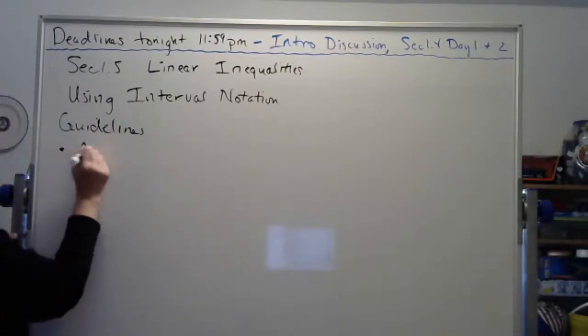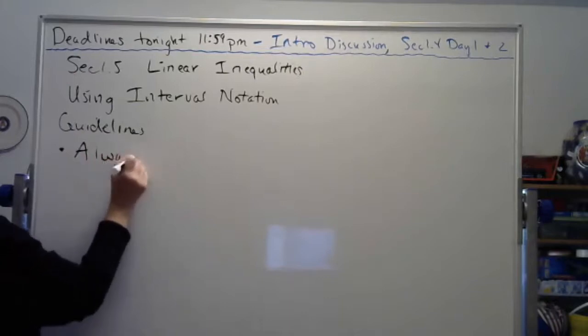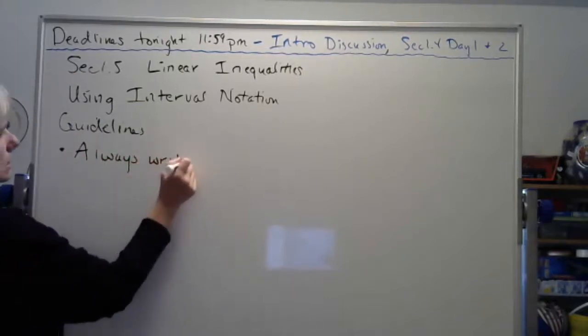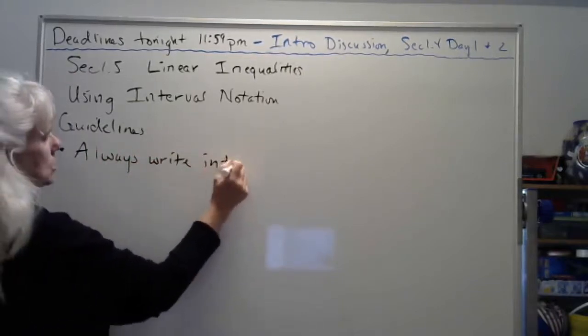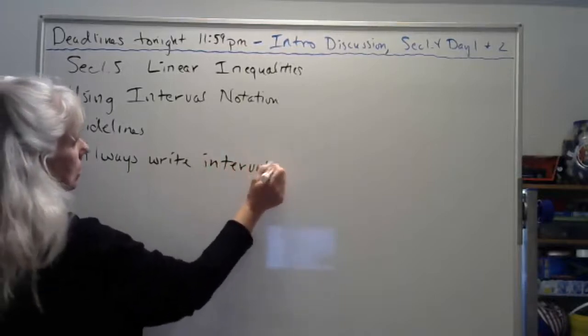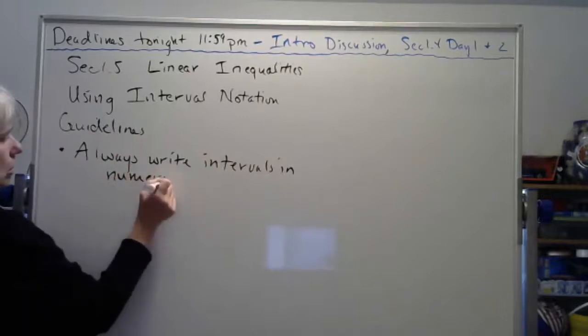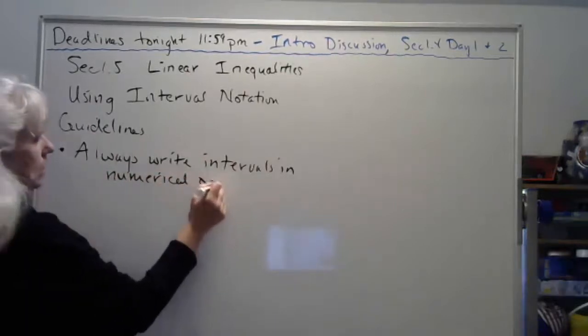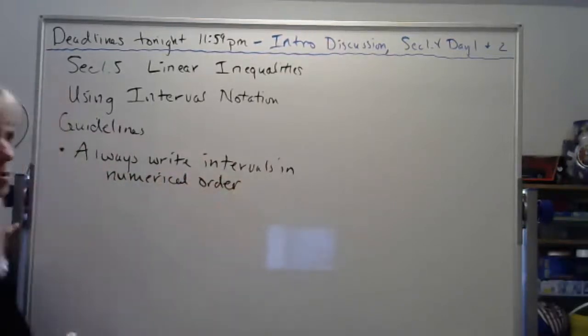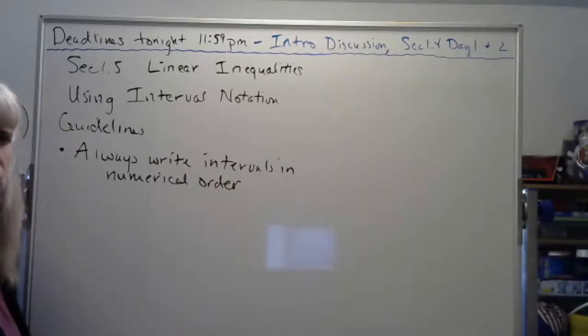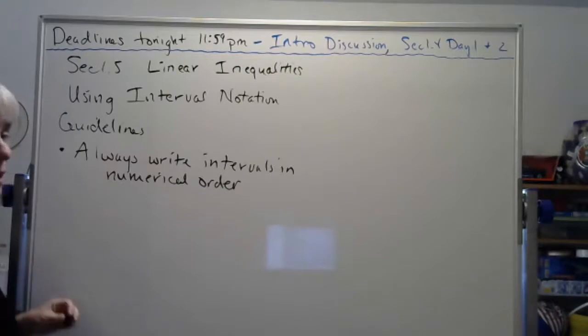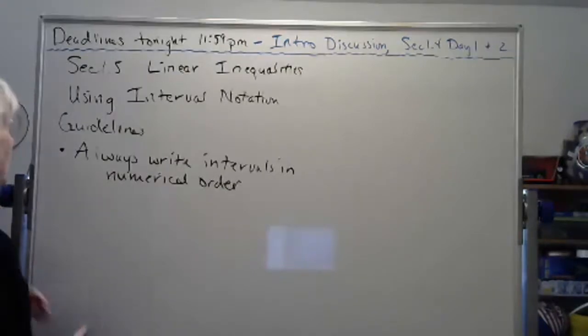So we always write our intervals in numerical order. That means smaller number on the left, larger number on the right. And I know that seems like a really strange comment to make, but I see a lot of people who write things out of order. So don't do that.